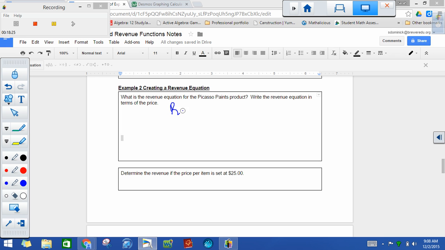We had revenue equals negative 500 P squared plus 30,000 P. Remember, if you're going to put it into Desmos, this is going to be a Y, this is going to be an X squared, this will be an X. And just put that into Desmos and you're good.